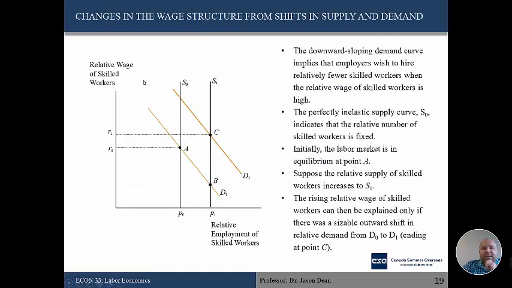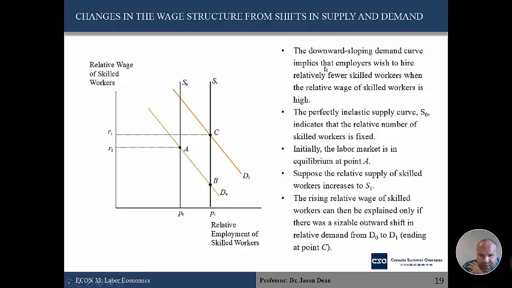Now, let's look at a diagram to get a feel for this. Changes in the wage structure from shifts in supply and demand. So we're going to think about shifts in supply and demand and how that could affect the wage gap. We have a downward sloping labor demand curve. Employers wish to hire relatively fewer skilled workers when the relative wage of skilled workers is high.